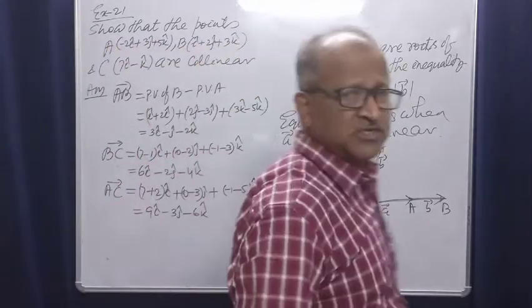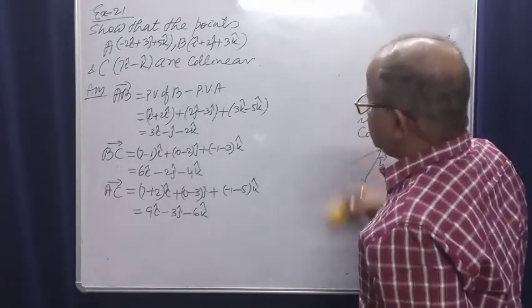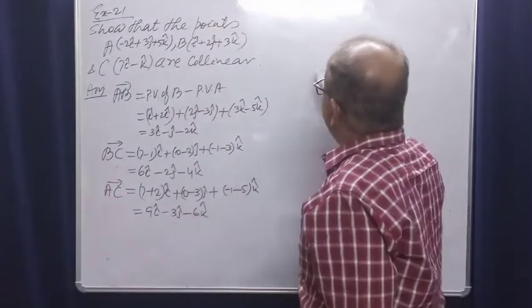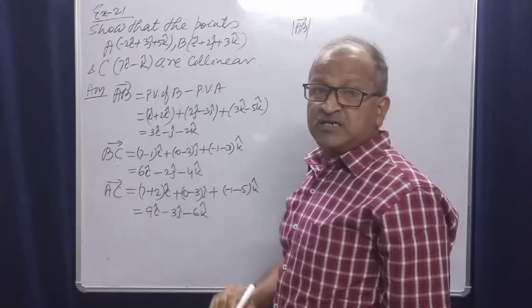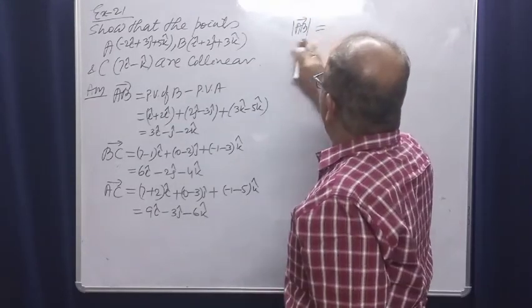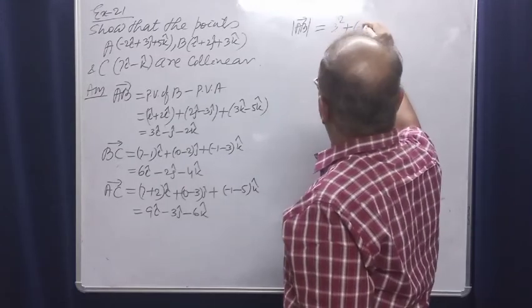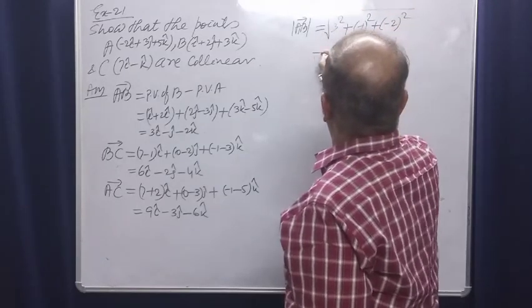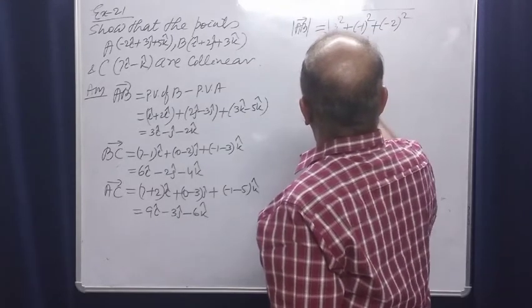Now let us find out their magnitudes. It is the application of the triangle inequality. Find out the magnitudes of these three vectors AB, BC and AC. Magnitude of AB vector is the positive root of 3 square plus minus 1 square plus minus 2 square, that is 9 plus 1 plus 4, square root of 14.